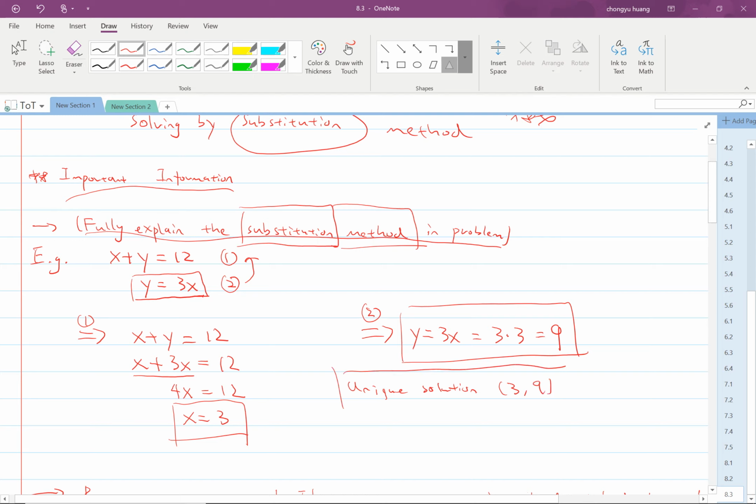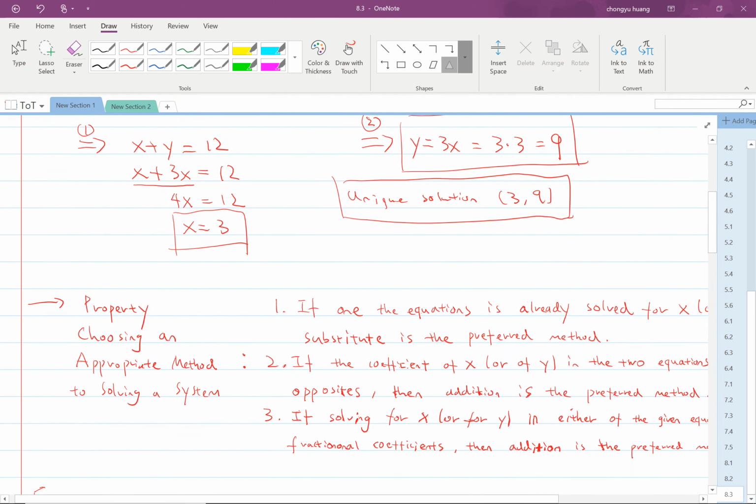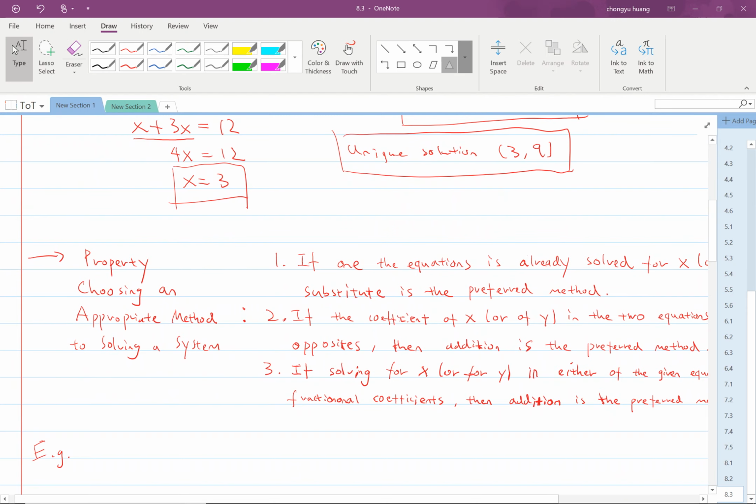As you can see, by using the substitution method, the problem gets solved really easily. This is just an easy demonstration. Now let's move to the more important part.